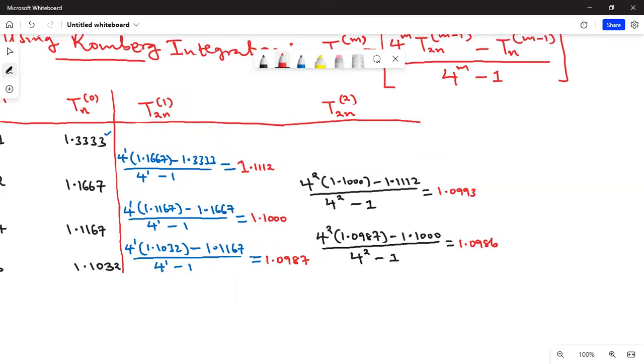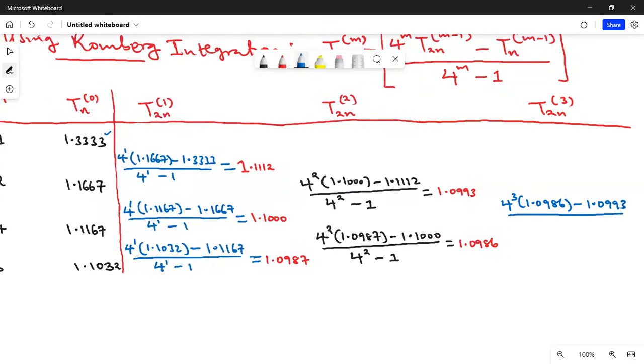So I'll extend this line. And then you write here T2n at now level 3. Now m is 3. Let's use the same iterative formula. We'll have now 4 raised to 3 times 1.0986 minus 1.0993, everything over 4 raised to 3 minus 1.